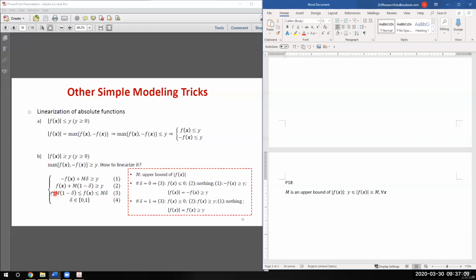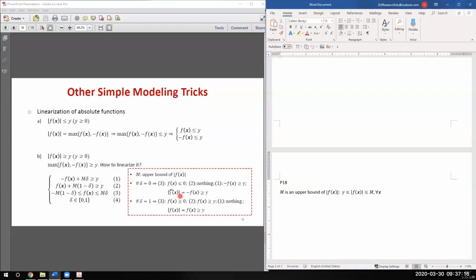Constraint 3 is a common constraint in many, many problems to control a choice, as whether case 1 or case 2. And the difficulty of formulating these 3 constraints is that when one case is satisfied, you need to guarantee that the other case will not be violated. For example, suppose delta equals 0, you're going to have f(x) is less than or equal to 0.